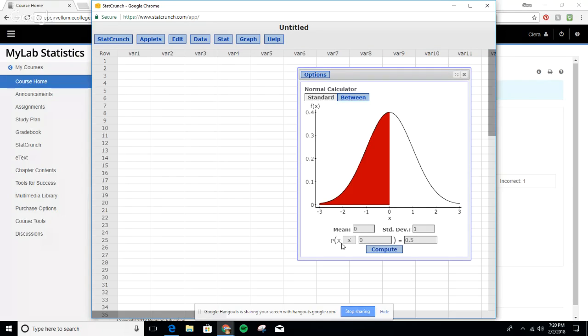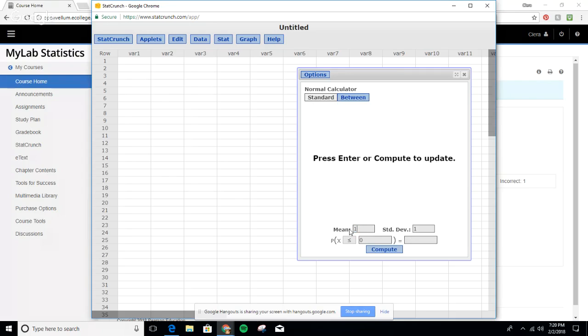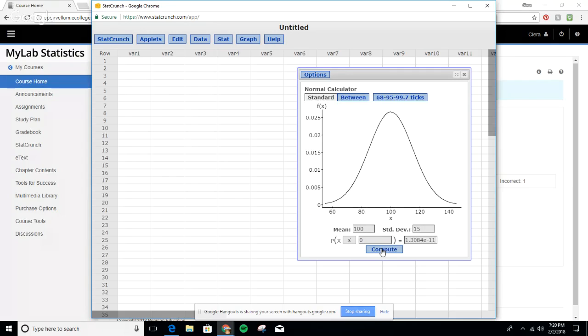Okay, so the mean is 0, standard deviation. Let's put the mean as 100 and the standard deviation as 15. I think that's what I tried to do. Okay, let's compute it out. About 0, but there's no shaded region between here, and I don't know about this number. I think there's an error there.